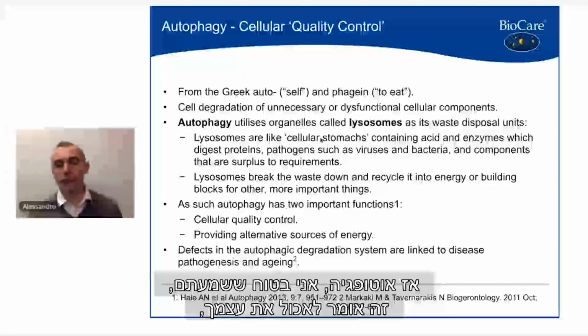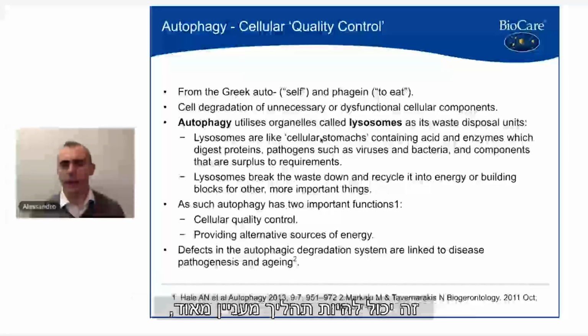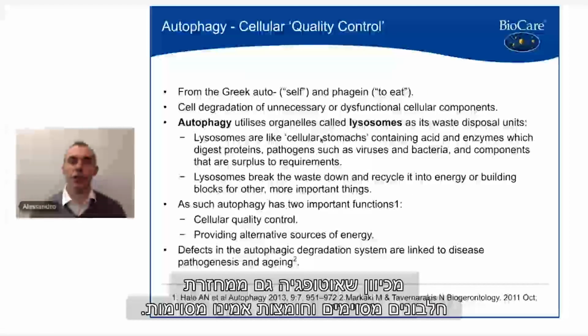So autophagia, I'm sure you must have heard the word. This is eating yourself, but more than eating yourself, it is actually eating the waste produced by yourself. This can be a really interesting process because autophagia tends to reduce the level of protein, as it also recycles certain proteins and certain amino acids.